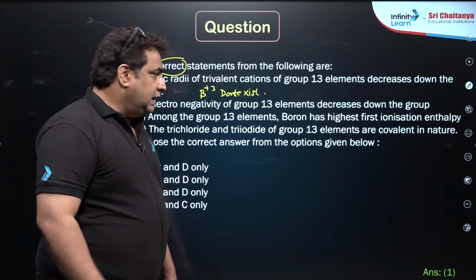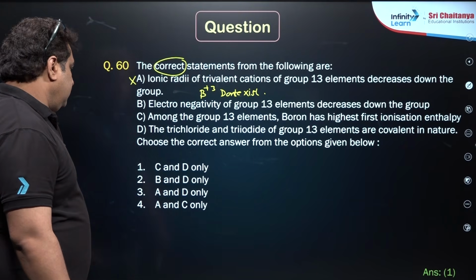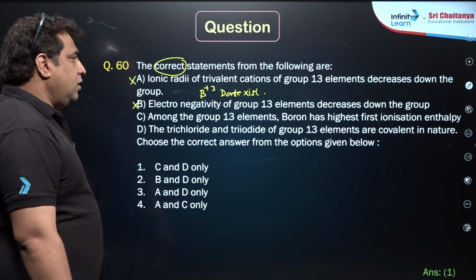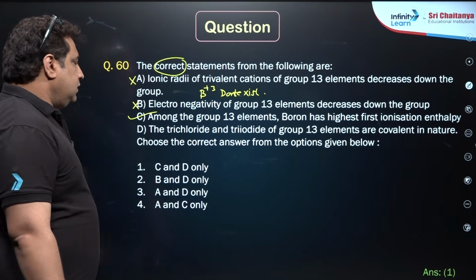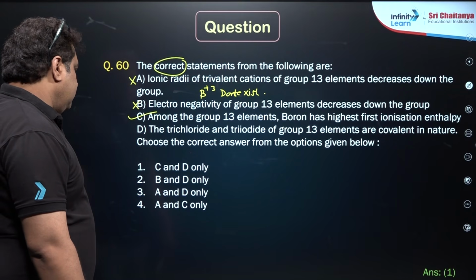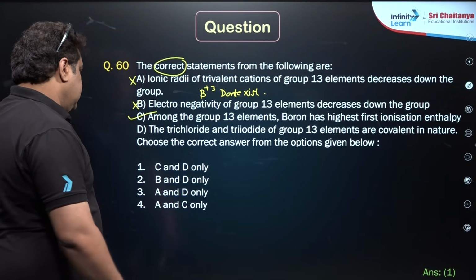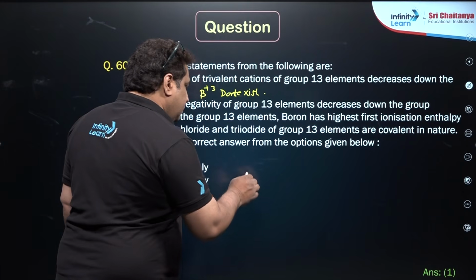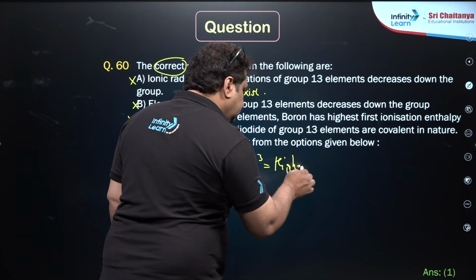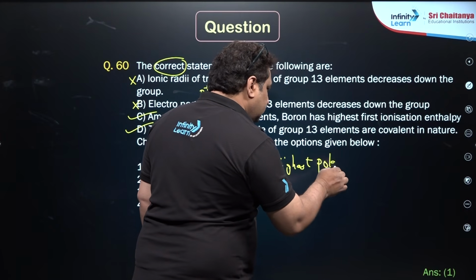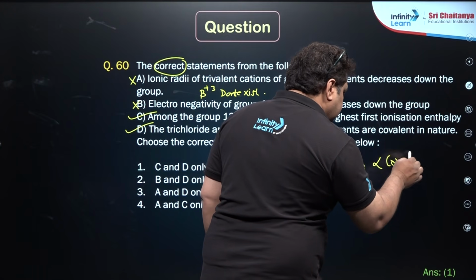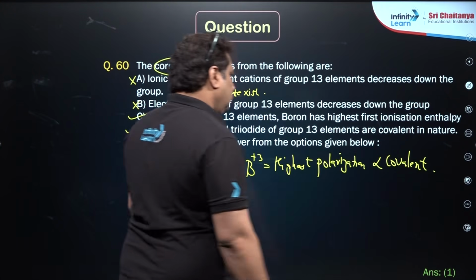Some elements have equivalent electronegativity, correct? Correct. Next, among group 13, boron has the highest first ionization enthalpy, correct. The trichloride and triiodide of group 13 are covalent in nature. Choose the following, okay, are trivalent in nature, correct. Because B plus 3 has the highest polarization, which is directly proportional to covalent character, right.